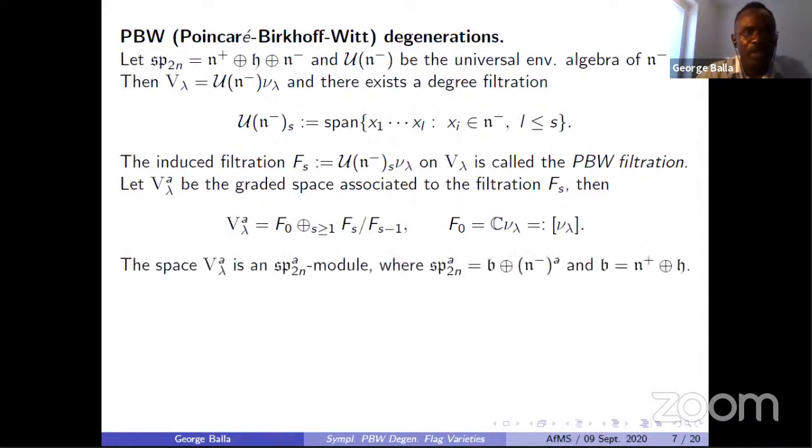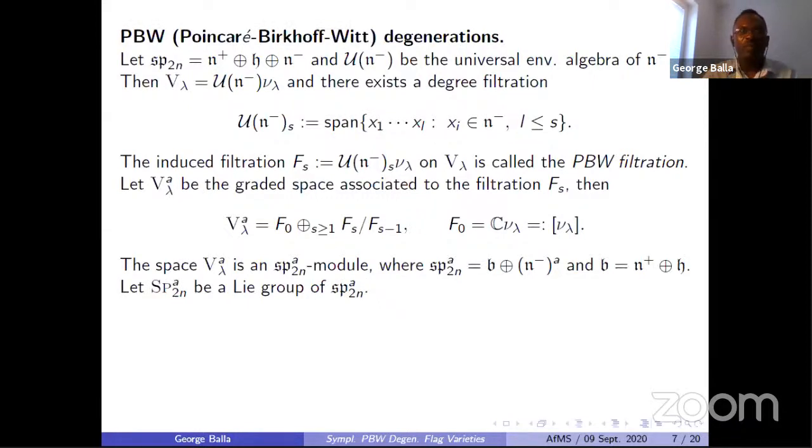And now this space is a module over some Lie algebra, which is the direct sum of the Borel subalgebra of the original Lie algebra and an abelian ideal, which we denote by n minus a. The a represents abelian, because we are making n minus abelian; we're making everything commute because of such a filtration.